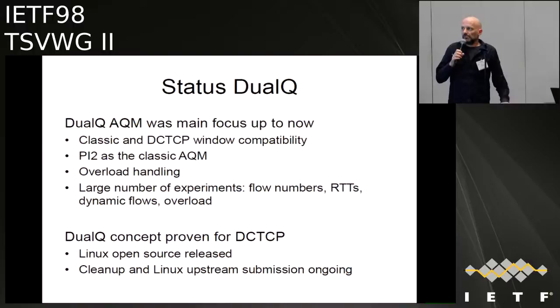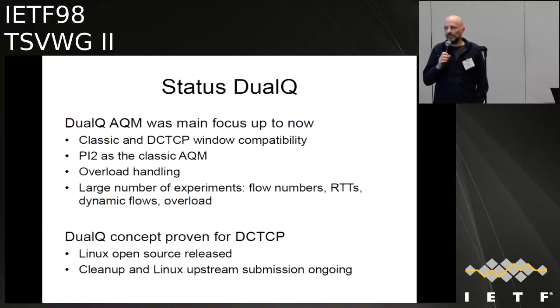It also helps to get this window compatibility. We added overload handling, and there is a large number of experiments done with all the different combinations. So I think dual queue is a proven concept for data center TCP.